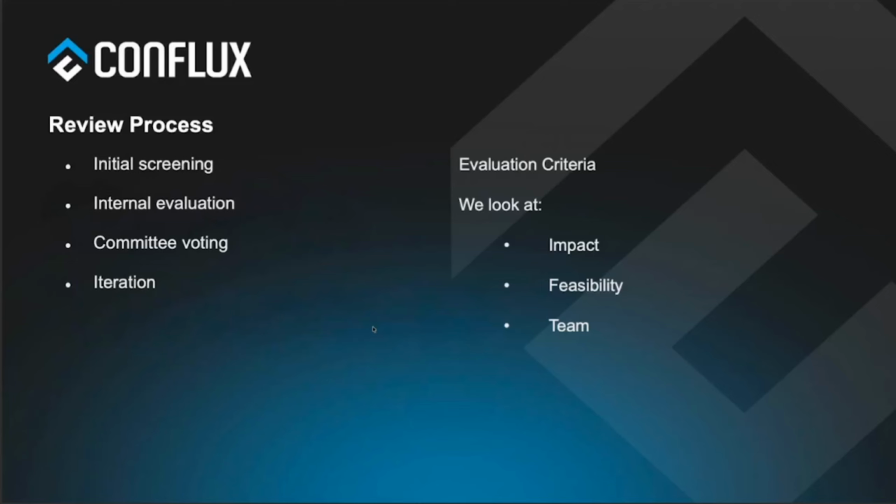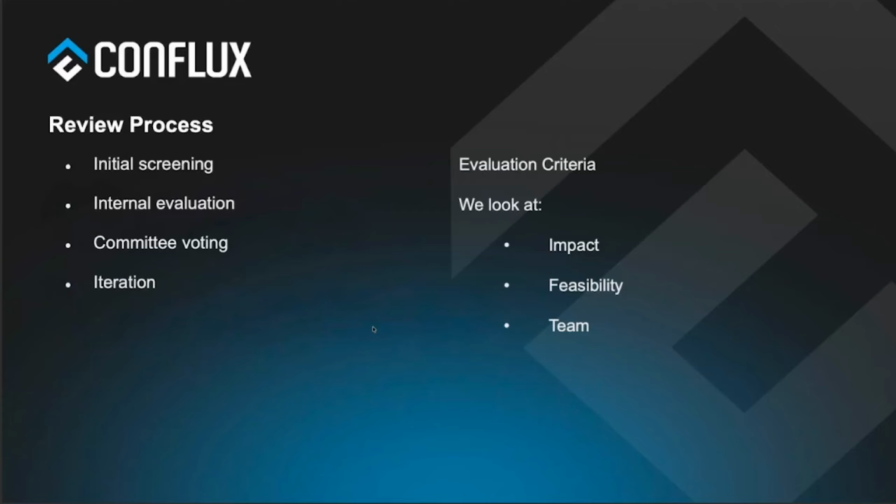These requirements usually come from the foundation. They have a clear plan or strategy, a direction that we'd like to head in, and it has to fit into that direction. But what we actually look at is impact and feasibility, and obviously the team.